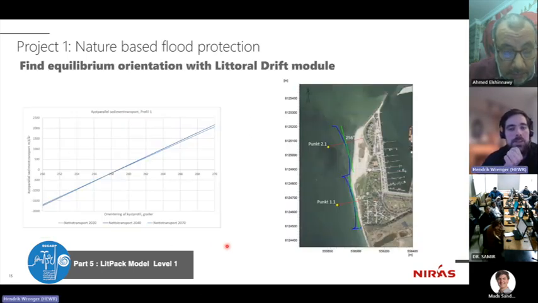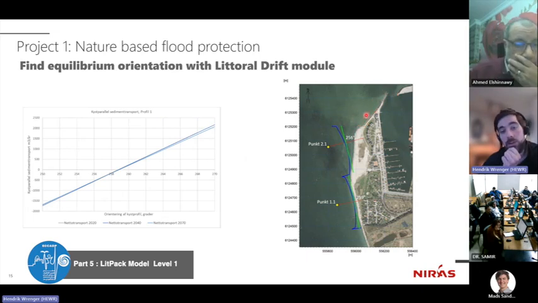And then the next step was for these two profiles here, because it was out of scope to change this pier. And here again, the plume can actually also be seen. For these other two sections, the equilibrium orientation should be found. And that was done with the littoral drift module.